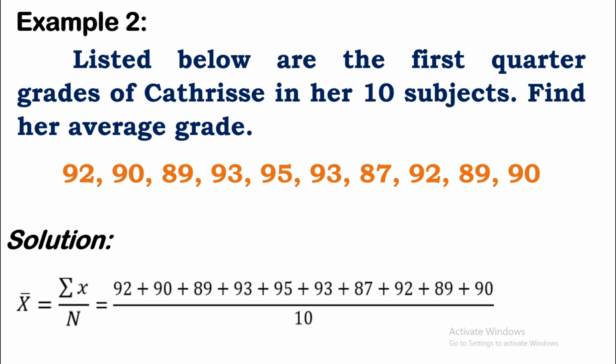So that is equal to the sum of all the grades of Catrice in her 10 subjects all over 10, because there are 10 subjects. Getting the sum of her grades, we have 910 over the number of subjects, 10. And 910 divided by 10, that is 91. Therefore, the average grade of Catrice in her 10 subjects is 91.